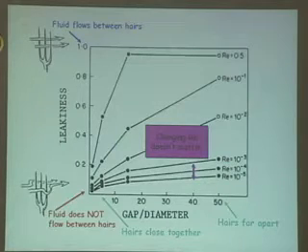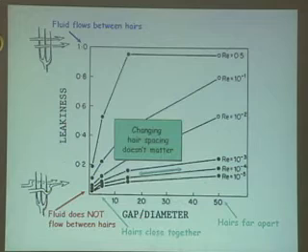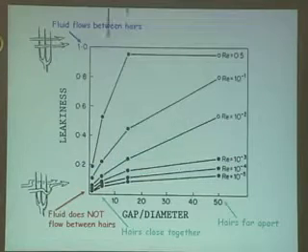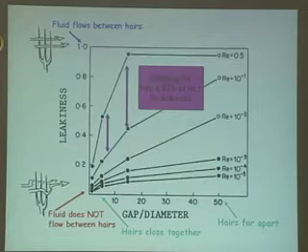They can grow by a factor of 10 or 100, and it doesn't affect leakiness, doesn't do squat. Also, changing hair spacing doesn't make any difference to leakiness. So at very small size, we have enormous permission for diversity of behavior, diversity of morphology, and it does not affect performance.